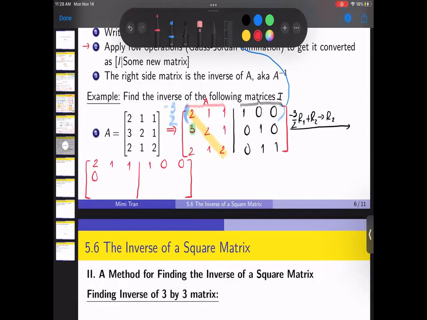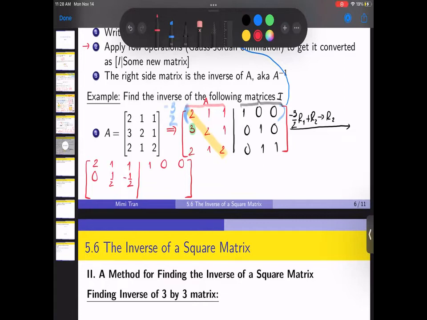Oh, sorry, the first one is +1/2, my bad. And the second one is -1/2. Yes, all right, we are okay.